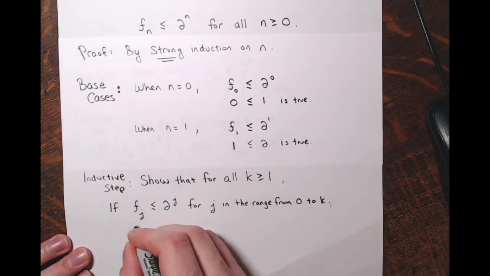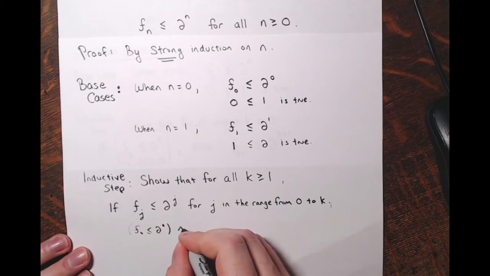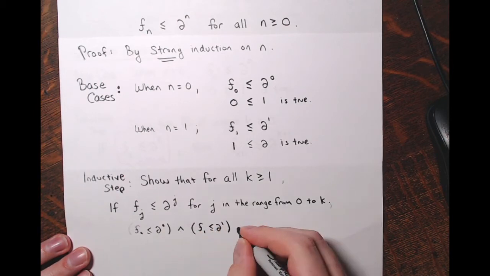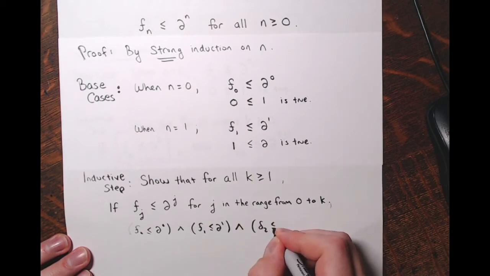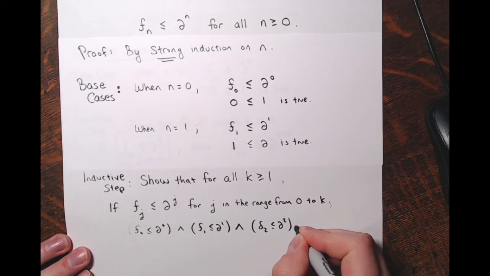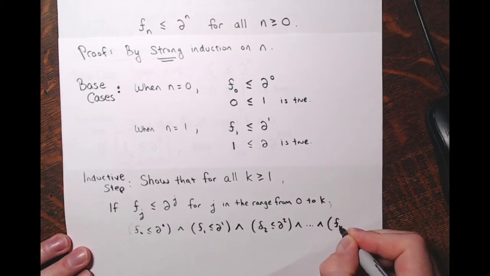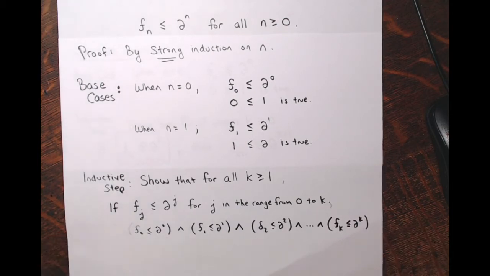This means that f sub 0 is less than or equal to 2 to the 0, and f sub 1 is less than or equal to 2 to the first, and f sub 2 is less than or equal to 2 to the second, and all the way up to f sub k is less than or equal to 2 to the k. We are assuming all this.